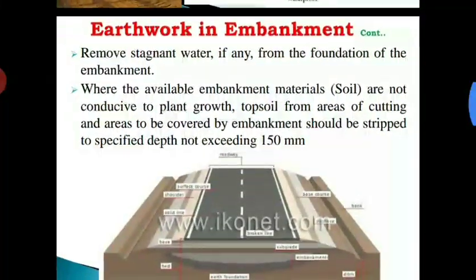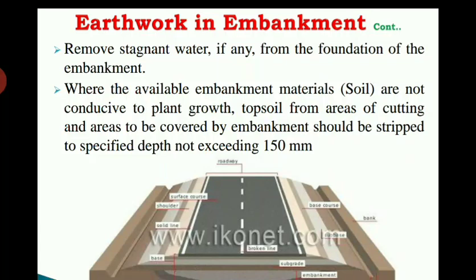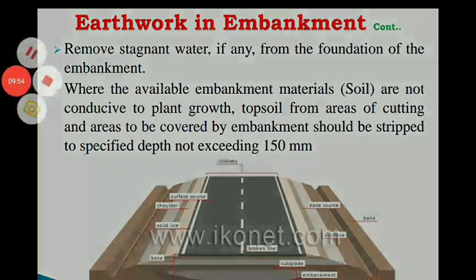Because if the construction is carried out at the same place while it has water, then by reacting with the water the strength might be affected, or the work may become difficult to complete, and in some cases that water may change the entire property of the embankment.